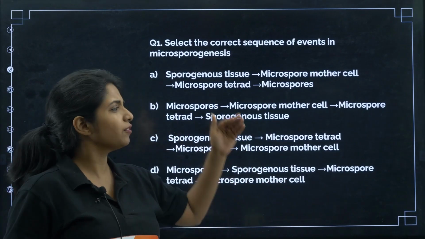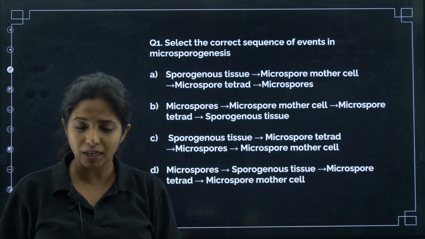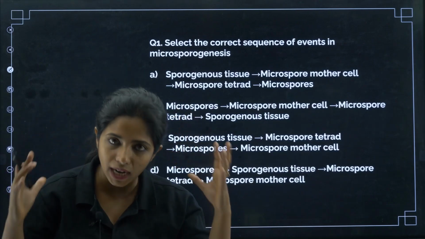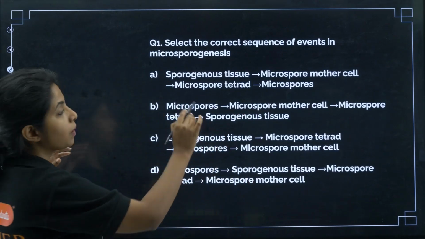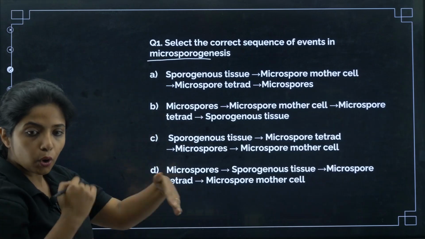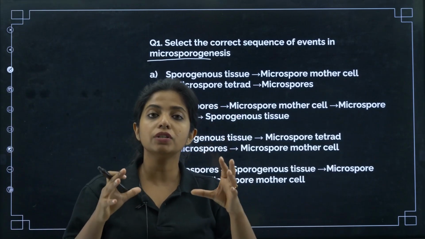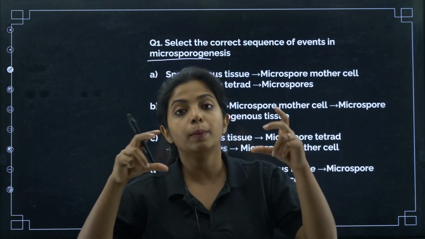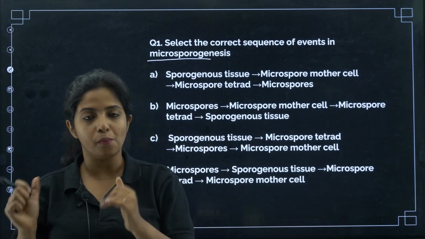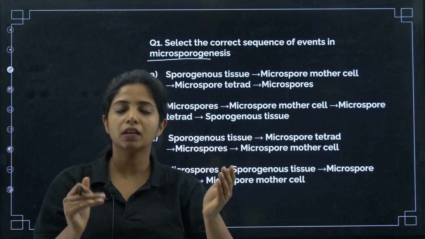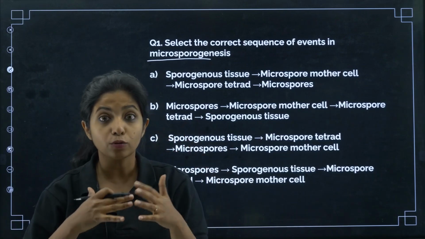Instead of going through all the options, you should have in your head what microsporogenesis is and what the flow of it is. First, we have sporogenous tissue, my dear children. The sporogenous tissue will have certain microspore mother cells, and the microspore mother cells will undergo meiosis to give out microspore tetrads.